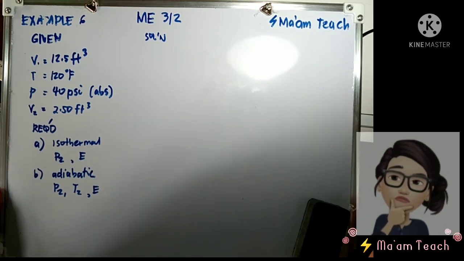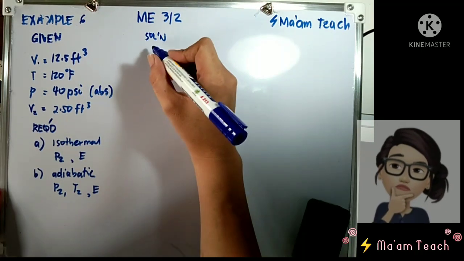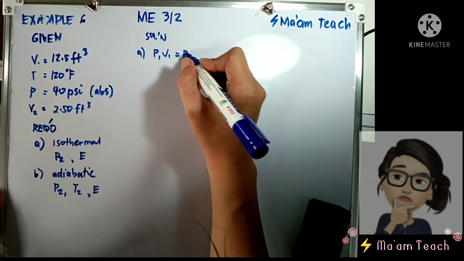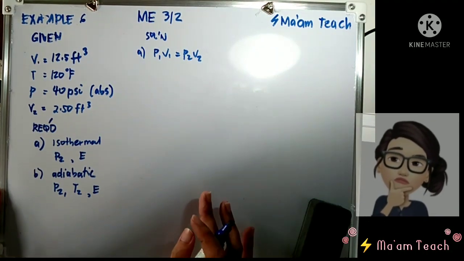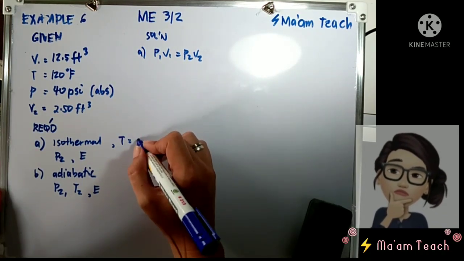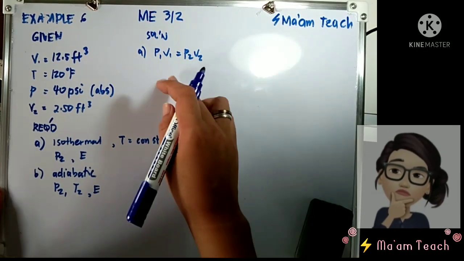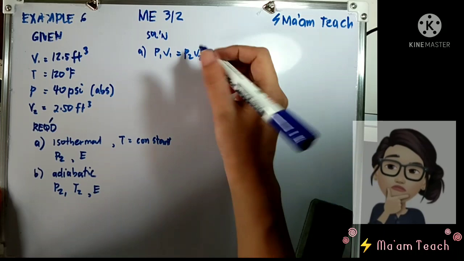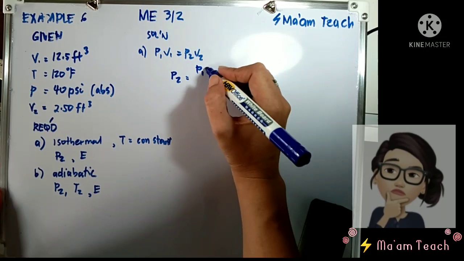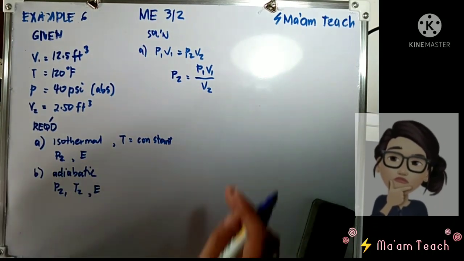On page 4, under the isothermal conditions, the ideal gas law becomes P sub 1 V sub 1 equals P sub 2 V sub 2 if our temperature is constant. Because class, during the isothermal process, your temperature is constant. To solve for P sub 2, we simply divide both sides of the equation by V sub 2, and this will be our working formula.